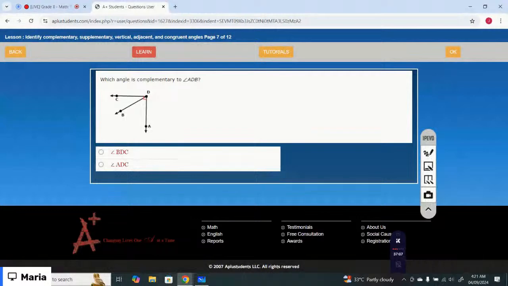Complementary to angle ADB is BDC. The correct option is option number 1. That is angle BDC. Option number 1 is the correct option.